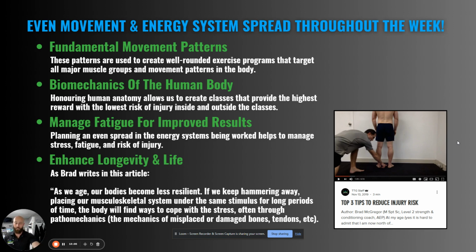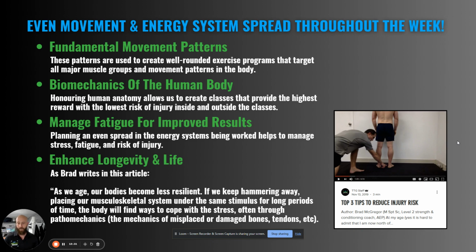A good example is this article that Brad McGregor wrote that is up on our blog on 3 tips to reduce injury risk. If you want to go and check that, there's a little short video that he's doing there of a static posture appraisal, which we get all of our trainers to do in personal training sessions. And I picked out this little quote that Brad said in it, which really sums up this point on a whole.